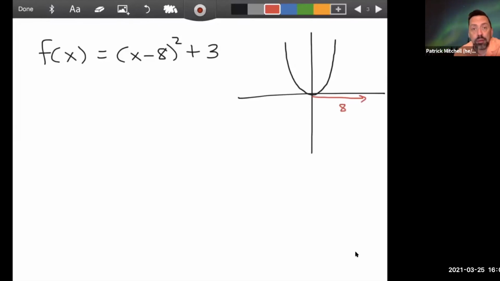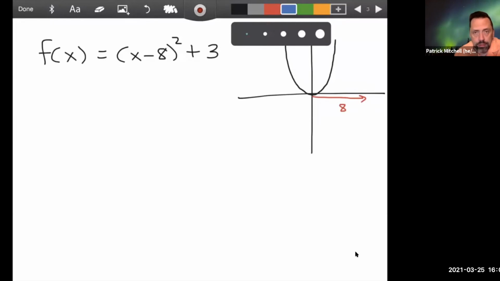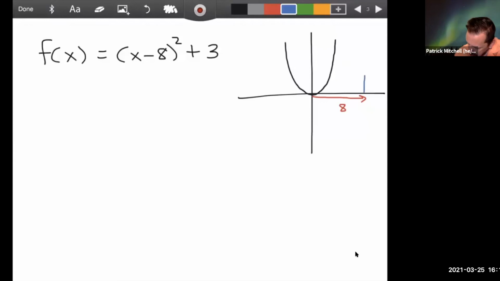And then the plus 3 on the end is a vertical shift 3 units up, right? Okay. So that means that my vertex, which started out at the point (0, 0), is now going to be at the point (8, 3). Other than that, the parabola is going to look exactly the same.